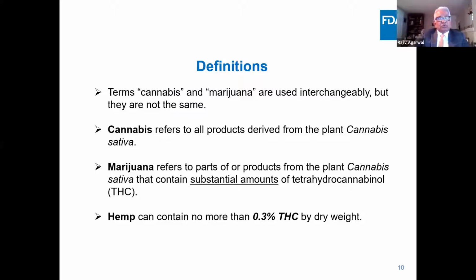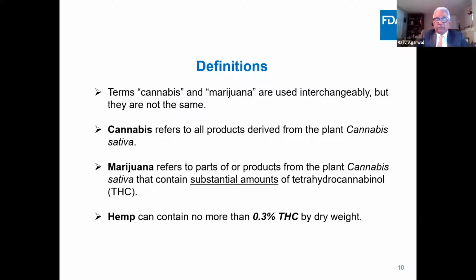Okay, so let's talk about the definition. Thank you, Morgan. The terms cannabis and marijuana are used interchangeably, but they are not the same. Cannabis refers to all plant products from the plant Cannabis sativa, which is an American variety.